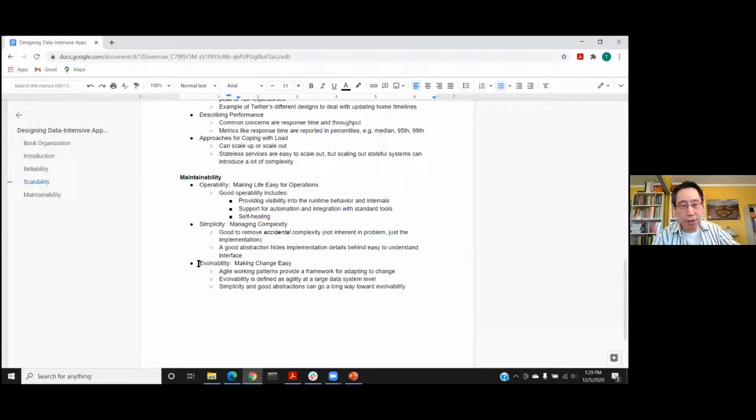On the surface, that makes sense, but I don't know if I really deeply grokked that. So I don't know if anybody has any comments, if they also didn't quite get it, or can maybe help explain how evolvability is a lot like agile development.